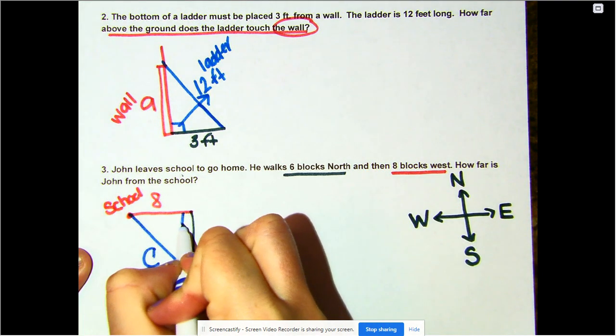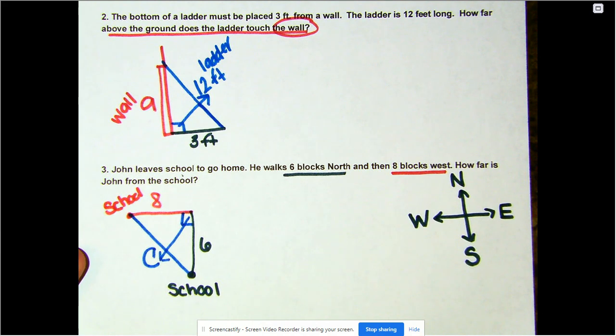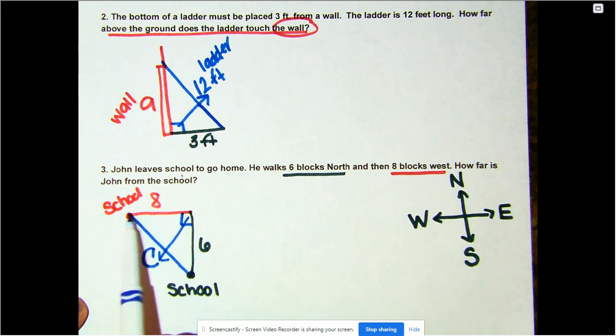I know C is missing because here is where the right angle will be placed, and C is always directly across from your right angle. It's your hypotenuse, your longest side, which happens to also be the shortest distance, because the other way would be going 6 and 8, adding those two together instead of cutting through.